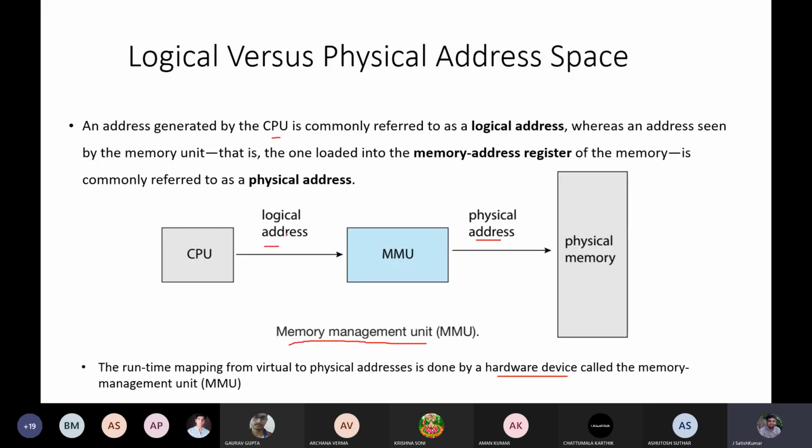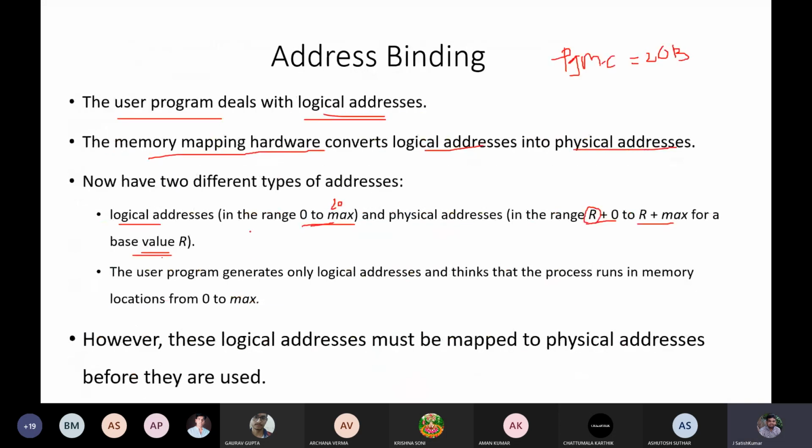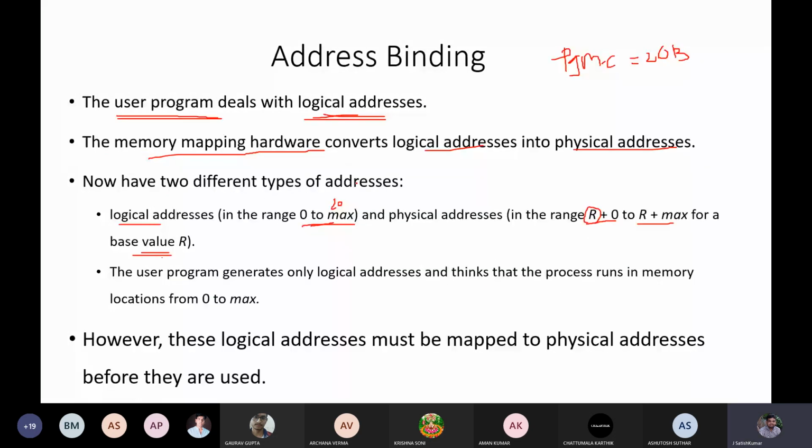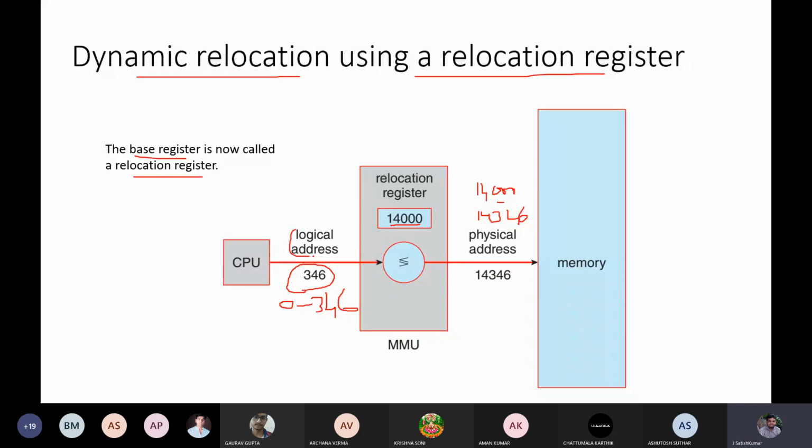Now this logical address that is generated by the CPU is usually generated by the programmer. The user program deals with the logical address. This address is the same when address binding happens at compile time or load time, identical logical addresses. But at execution time, they are different, because the logical address will now change into a physical address.